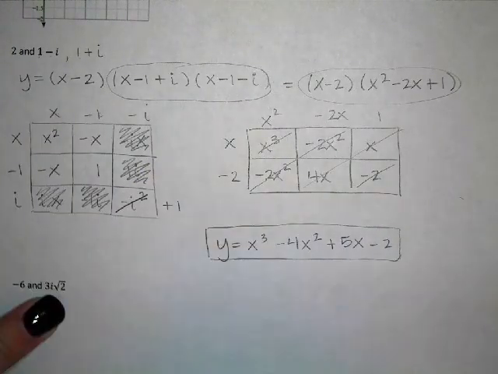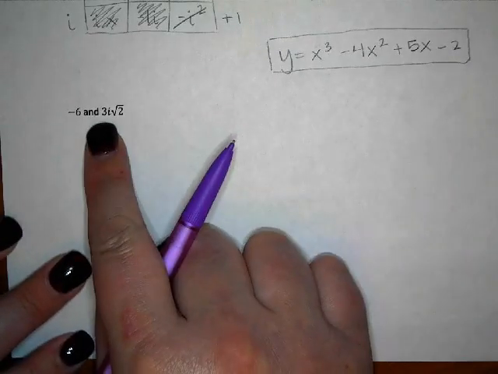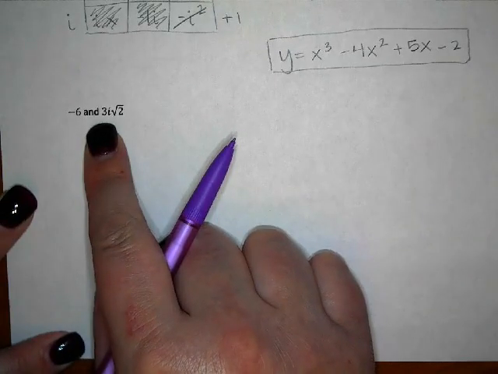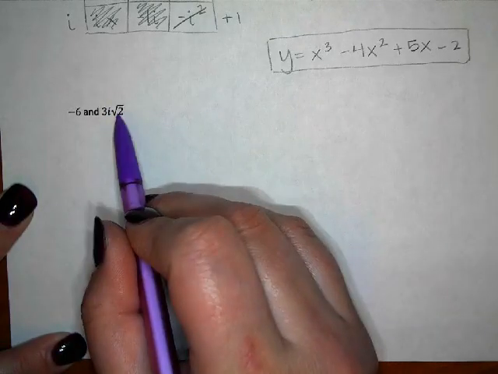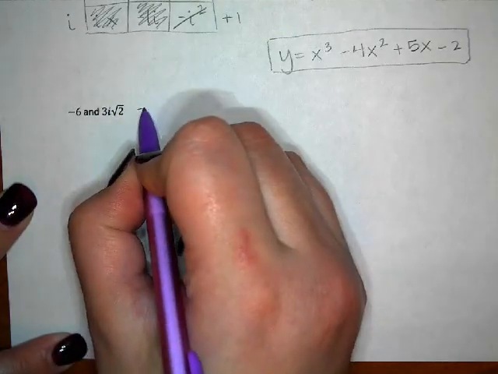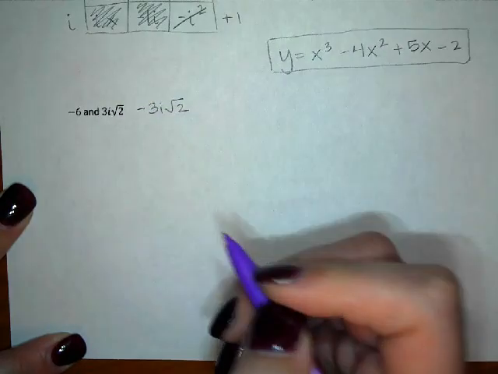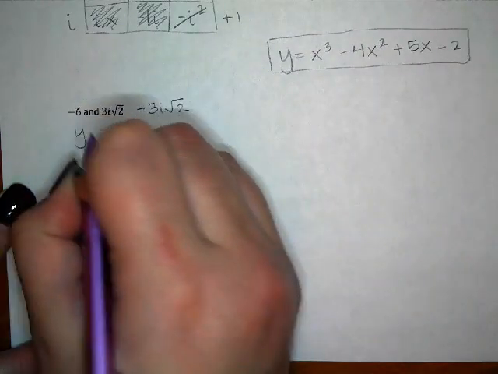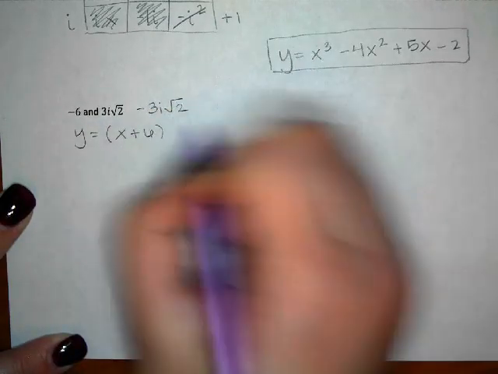All right, next we have negative 6 and 3i root 2. If I have a positive 3i root 2, then I should have a negative 3i root 2. Okay, so in my parentheses, I should have x plus 6, x minus 3i root 2, x plus 3i root 2.